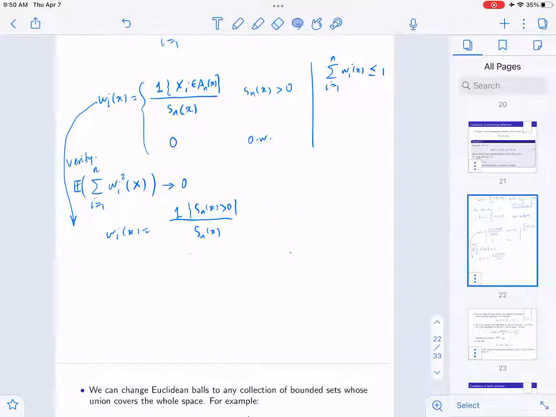So let's see if this works. So if S_n(x) is bigger than 0, we have, is this correct? This is not correct.